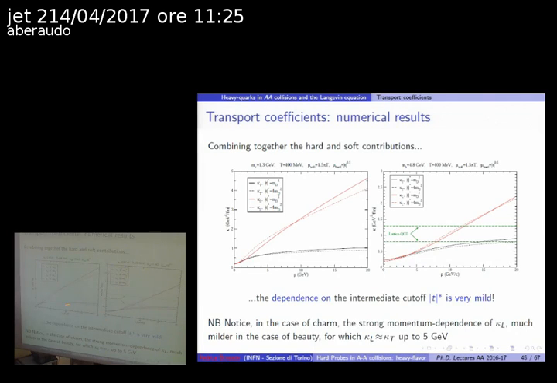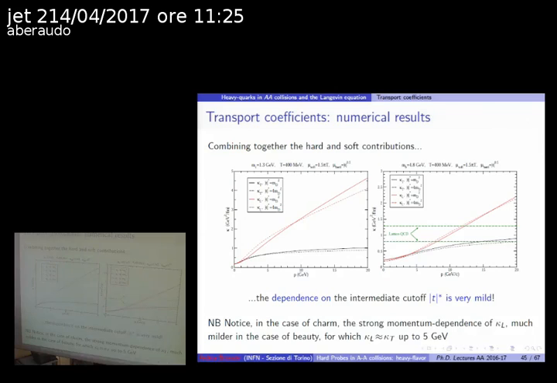These are the results for the transverse, and these are the results for the longitudinal momentum diffusion coefficients. These two curves are very close, and depend on changing this intermediate cutoff separating hard and soft collisions. So you see that the result is not so sensitive to this arbitrary cutoff, and this is the same for beauty.